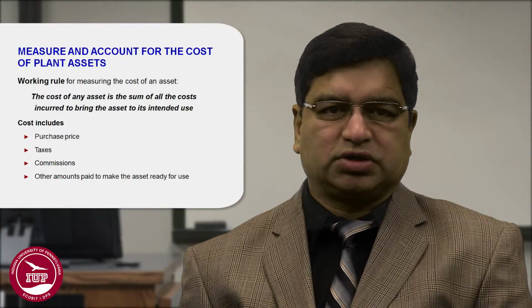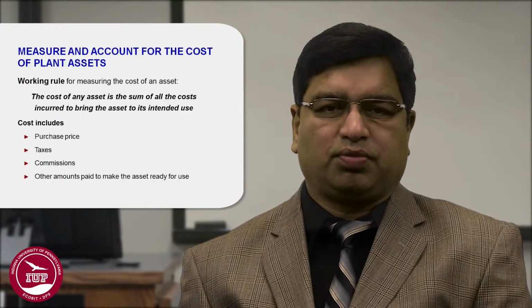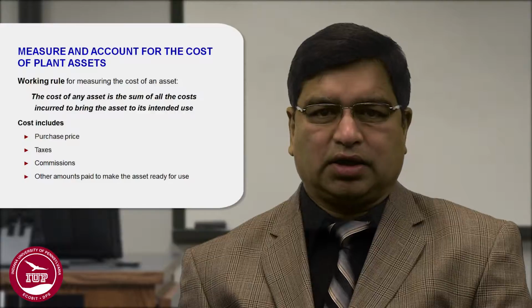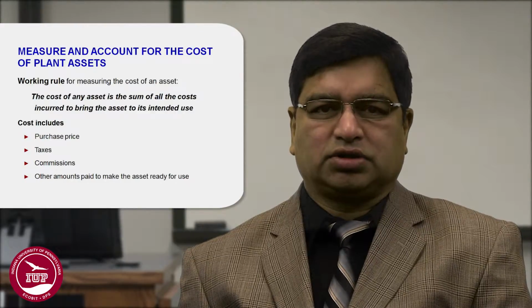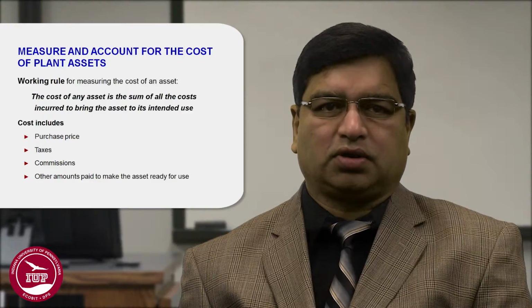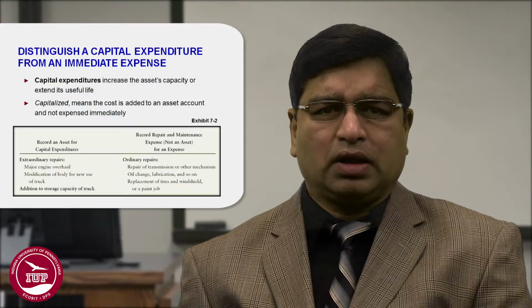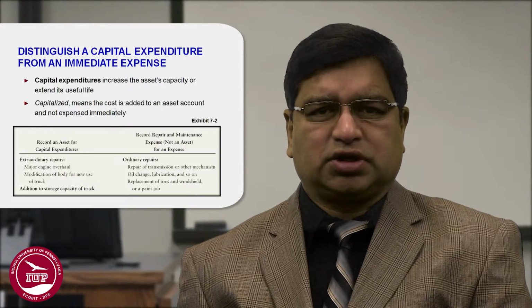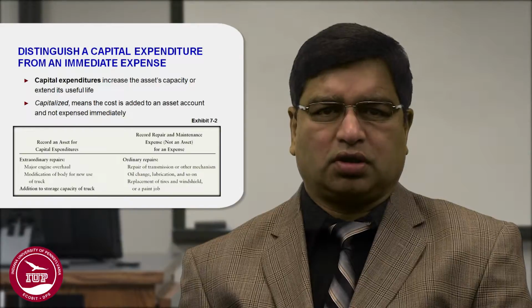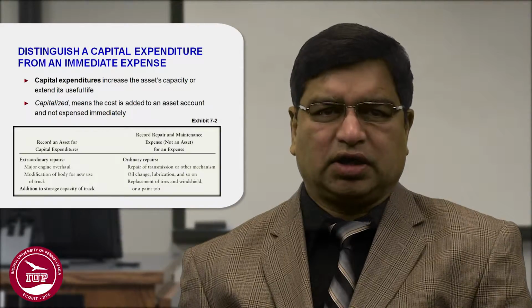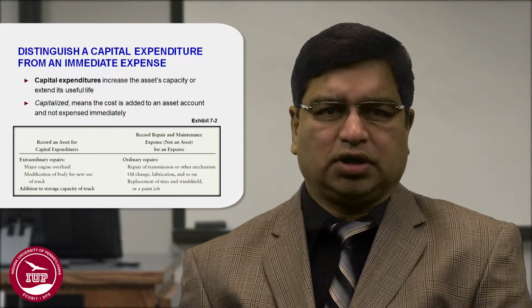So purchase price, or taxes that you have paid, or commissions that have been paid to buy the asset, and other amounts that are necessary to make the asset ready for use are all part of the cost of the asset. Anything which is capitalized, or which is a capital expenditure, becomes part of the cost of the asset, and that gets added to the cost and is not expensed immediately.